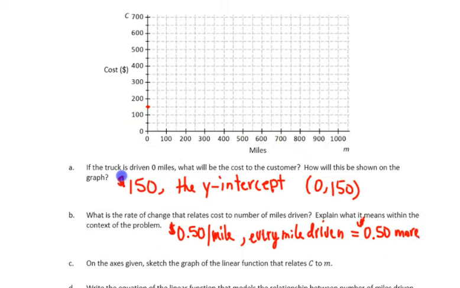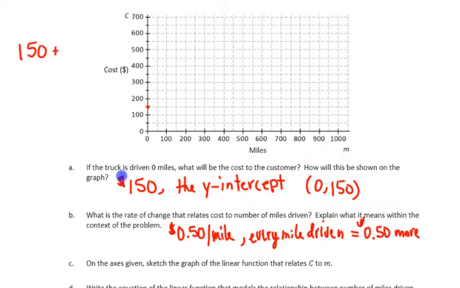On the axis given, sketch the graph of the linear function that relates C to M. So I have the first point, that's the y-intercept. I need another point somewhere over here to connect them. It'd be easiest to go up by 100 miles. So I have to pay the $150 no matter what.